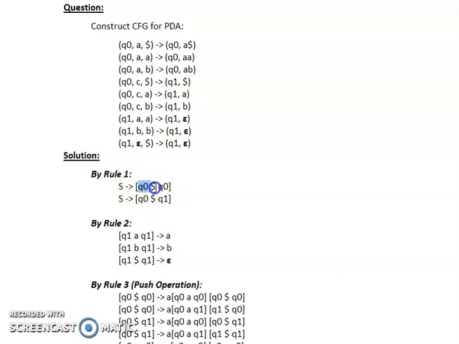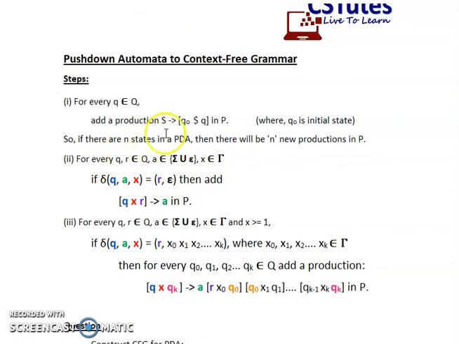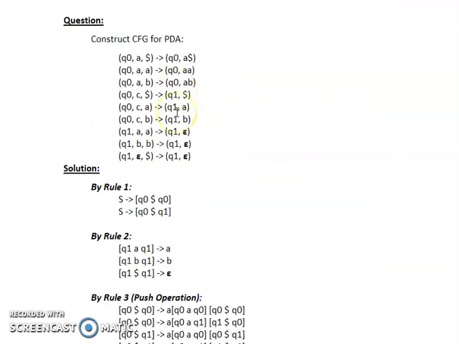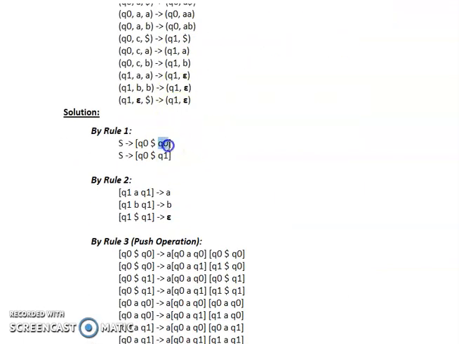Now the first two symbols will remain the same, Q0 dollar, because according to rule number 1, we have Q0 dollar as it is, and then Q has to be replaced by all the states in our set of states. So we have two states in our set of states, Q0 and Q1. These two are replaced by Q0 and Q1, and the starting remains the same, Q0 dollar. So by rule number 1, we have two productions of our context-free grammar.